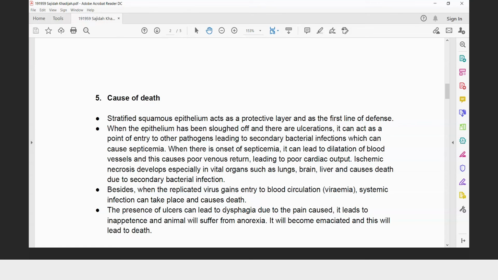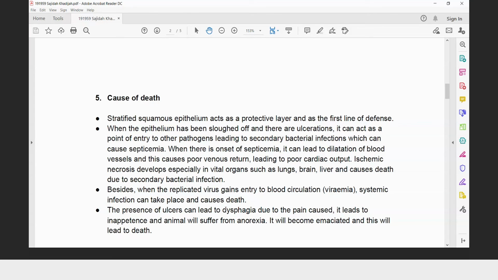Possibly in the short term, the animal has dysphagia, difficulty to eat, because of the ulcer in the oral cavity. But maybe in the long term, I could also accept that the animal has loss of appetite. Normally, anorexia is due to systemic infection. Dysphagia is more due to primary oral lesion.